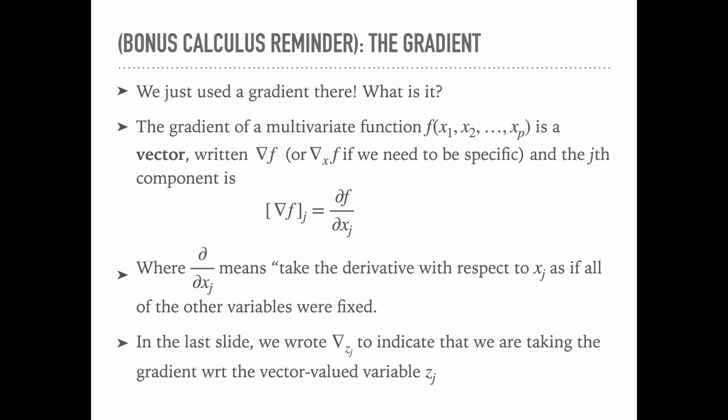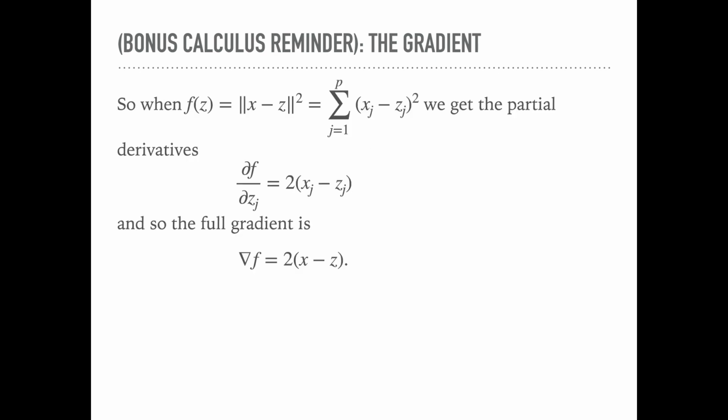So what's a partial derivative? This curly d thing means take the derivative with respect to xj as if all of the other variables were fixed. Okay, you just pretend they're constants and you formally take the derivative. On the last slide, we wrote nabla sub zj to indicate that we were taking the gradient with respect to zj.